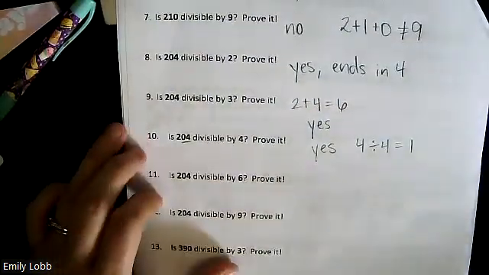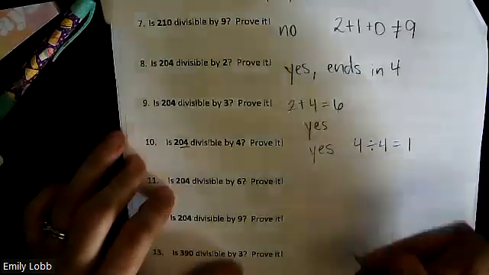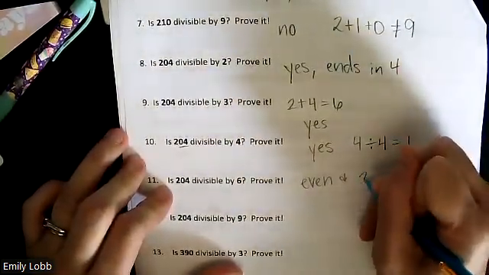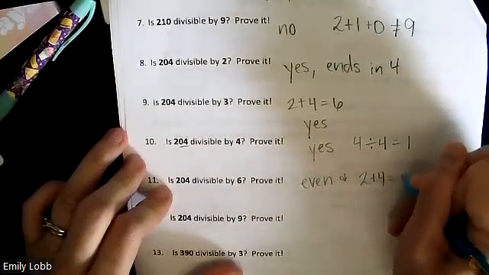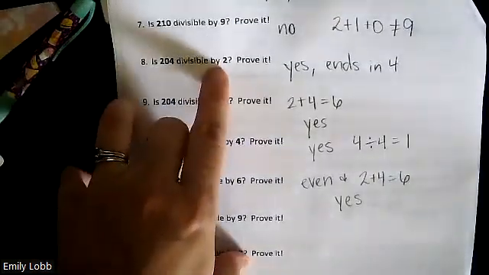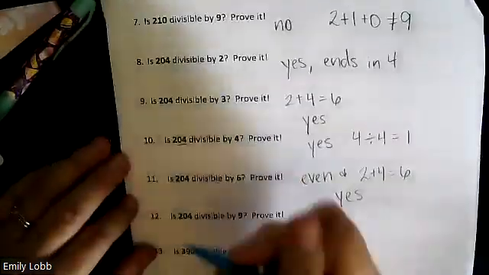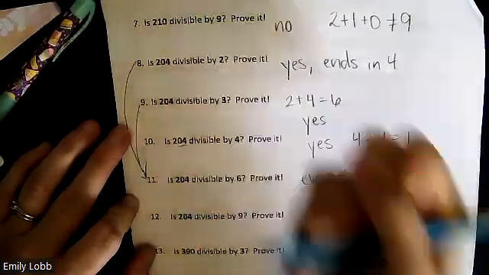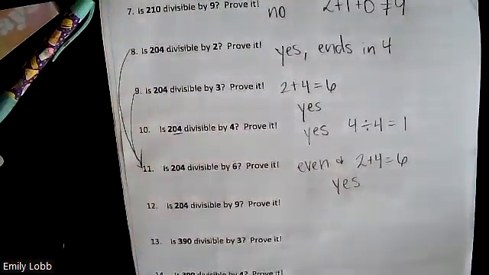Is this divisible by 6? Well, it is even. And 2 plus 4 equals 6, so we can say yes again, right? If it's divisible by both 2 and 3, so you could use numbers 8 and 9 to also prove number 11.